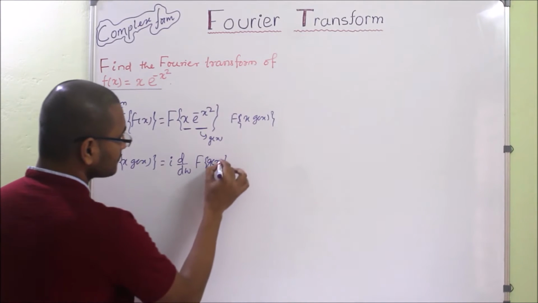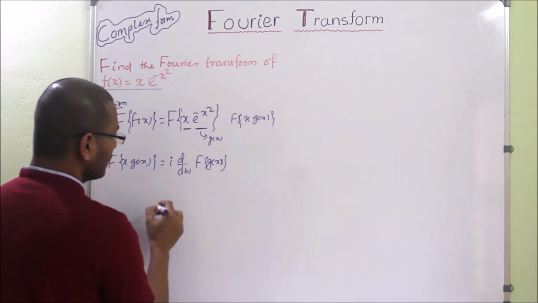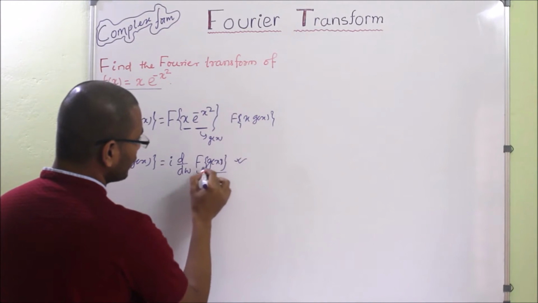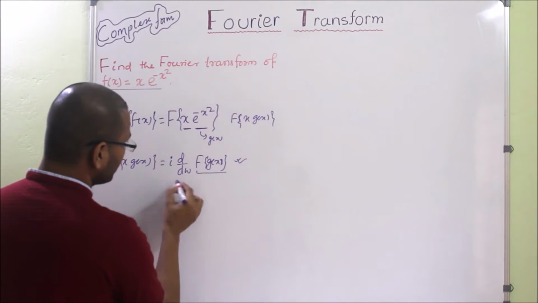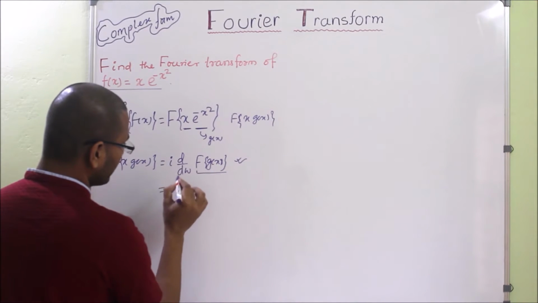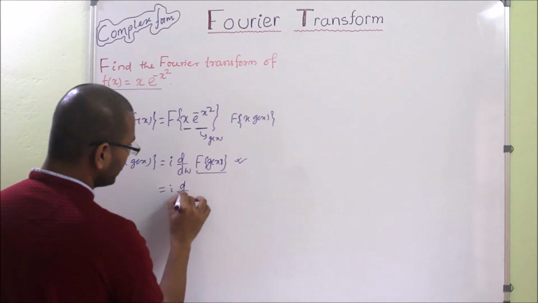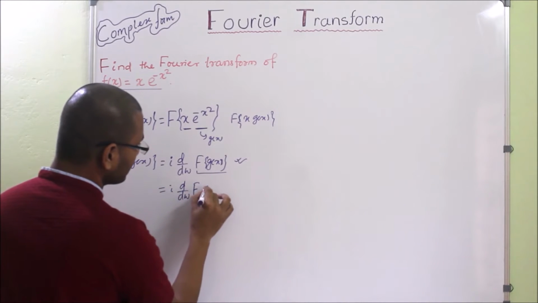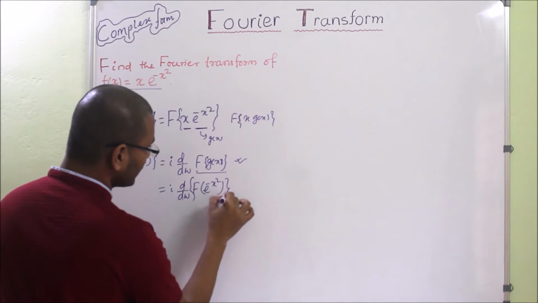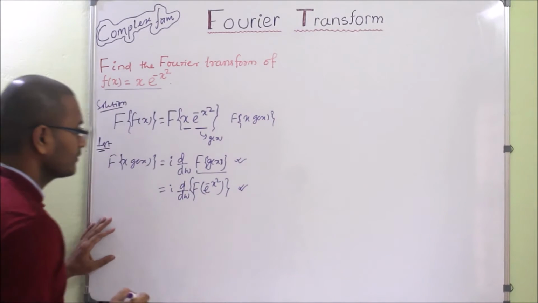So we first find the Fourier transform of g of x, then we can find i d by dw of the Fourier transformation of e to the power minus x square.